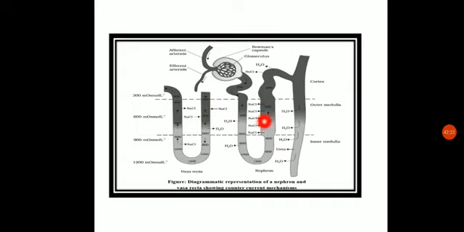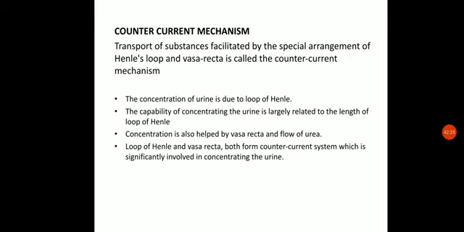The capillary which is surrounding this loop of Henle is called the vasa recta.